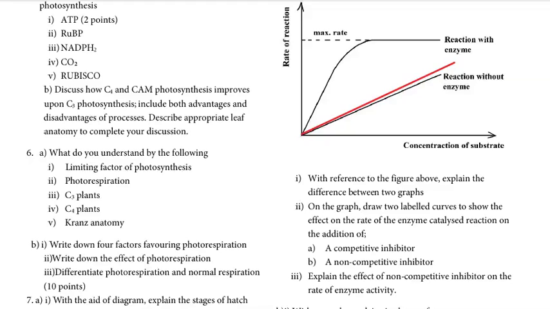You see, when you add a competitive inhibitor, we expect our graph to look like this. Why? Because a competitive inhibitor depends on the concentration of substrate. So with a competitive inhibitor the speed of reaction will change with substrate, but with a non-competitive inhibitor the speed of reaction will not change with the substrate.